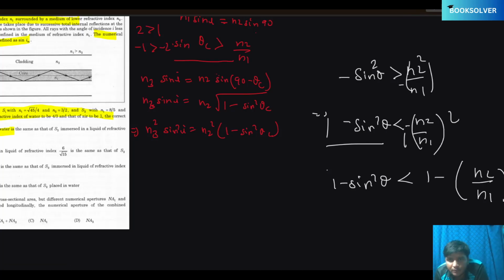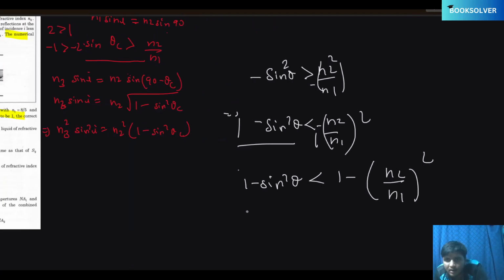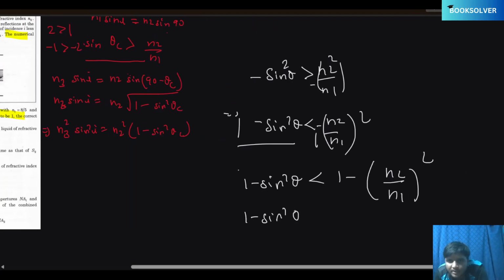Now we can simplify this equation. 1 minus sine square theta should be less than (n1 square minus n2 square) by n1 square, if you multiply n1 square here.